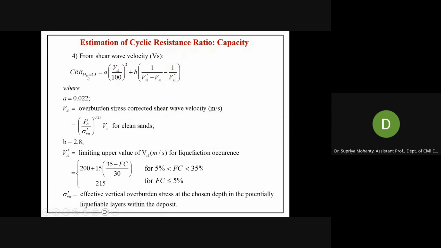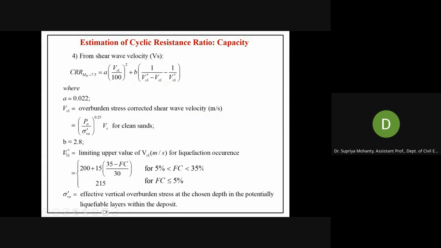So here, for the CRR 7.5 calculation, you can calculate VS1 and VS1 star. VS1 is the overburden stress corrected shear velocity, so only the overburden pressure correction factor you need to apply here: PA by sigma V naught dash to the power 0.25 into your measured VS from the field, with constants.